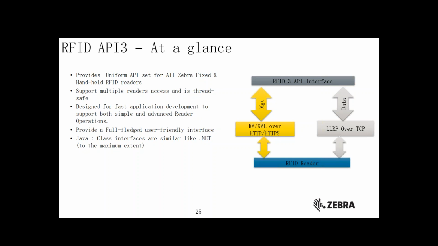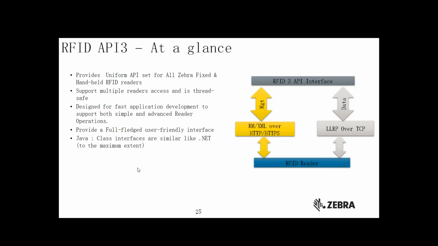You can use RFID API 3 to read tags, write tags, do locationing of tags, and also the direction of the tags. It is also able to do the LLRP functionality, which is the reader operation, getting an inventory of the antennas, and also access operations, which are reading and writing the tag's memory.